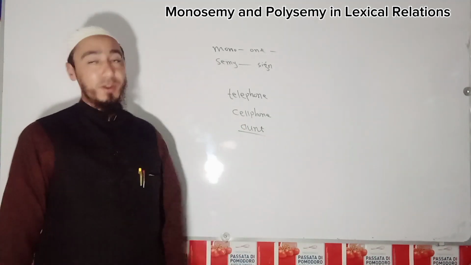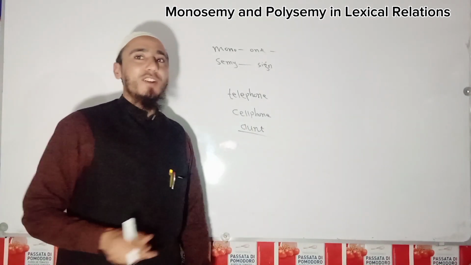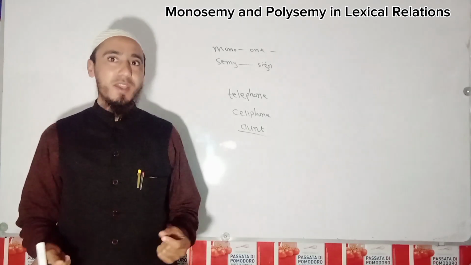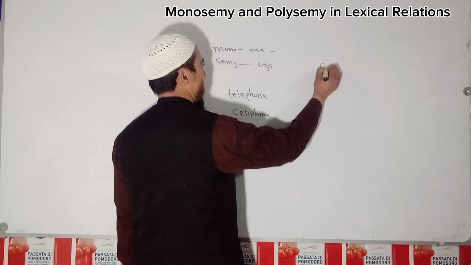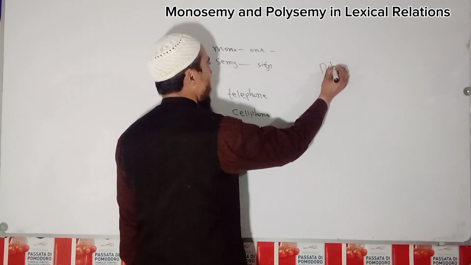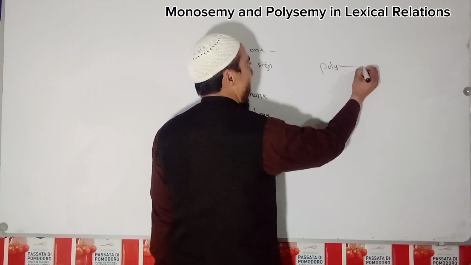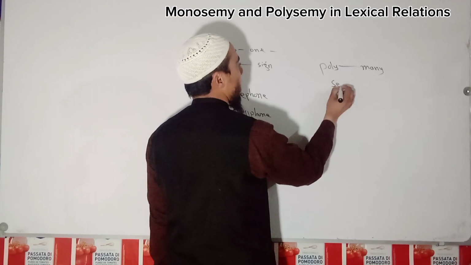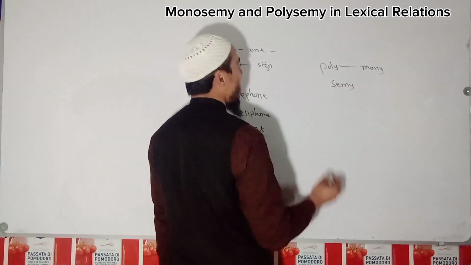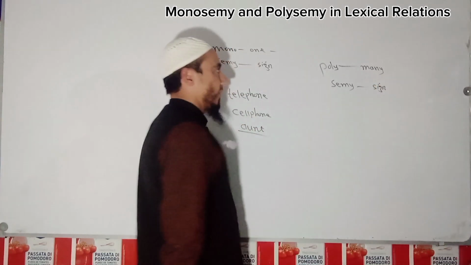On the other hand, whenever we are talking about polysemy, polysemy is the combination of 2 words. One is poly, which means many, and another is semi, which means sign.